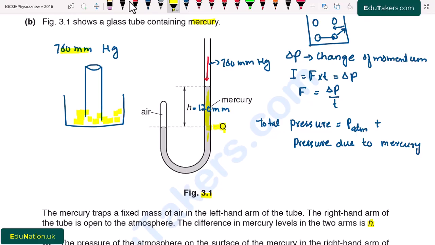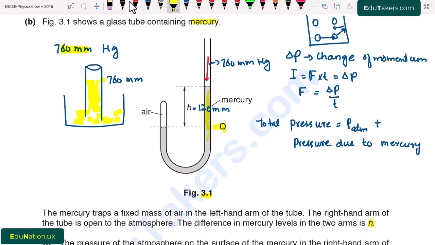So 760 millimeter Hg means that the level of the liquid inside this tube will come at 760 millimeter. The level of the mercury rises in the tube, and how much it rises depends upon the pressure on the surface of mercury. So here pressure is 760 millimeter Hg, which means the level to which liquid rises is 760 millimeter.